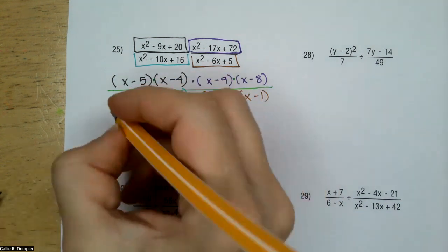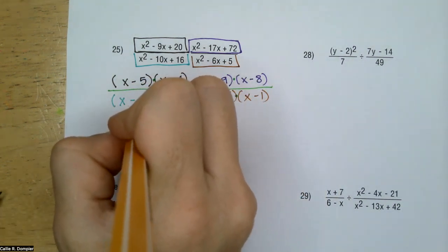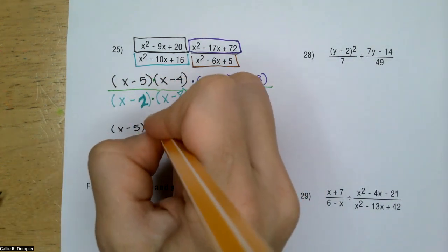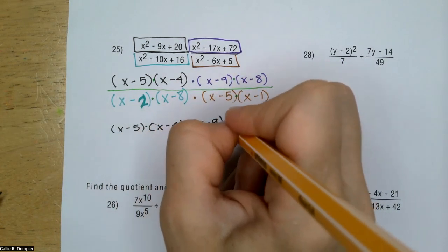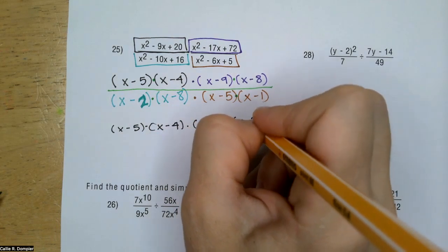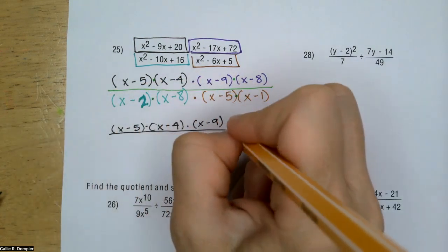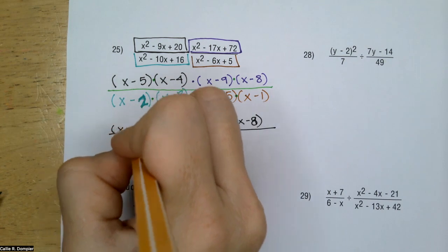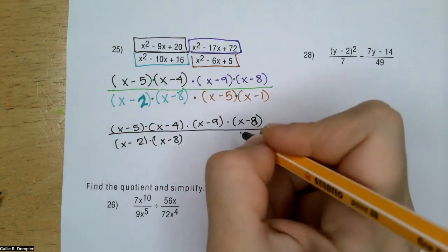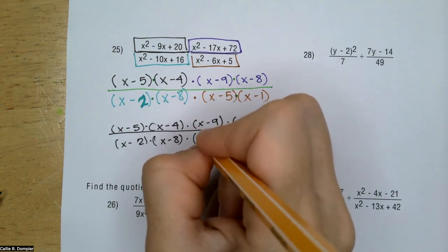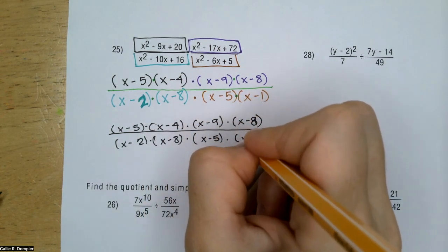Okay. So it's x minus 5 times x minus 4 times x minus 9 times x minus 8. Doesn't matter what order you put them in. On the bottom, x minus 2 times x minus 8 times x minus 5 times x minus 1.